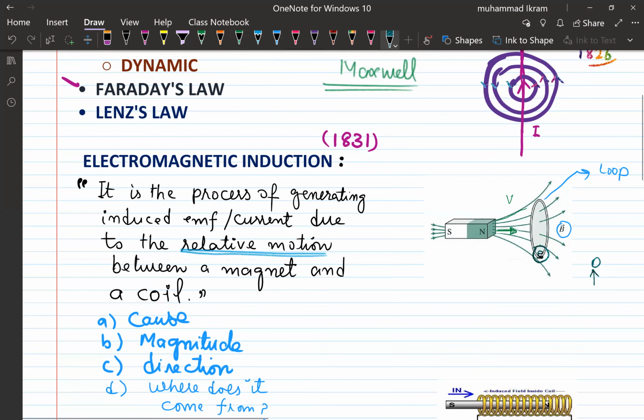The galvanometer needle now indicates the presence of a current. That current we call the induced current. The galvanometer indicates a current called the induced current.